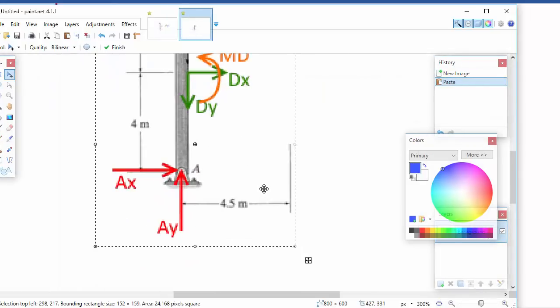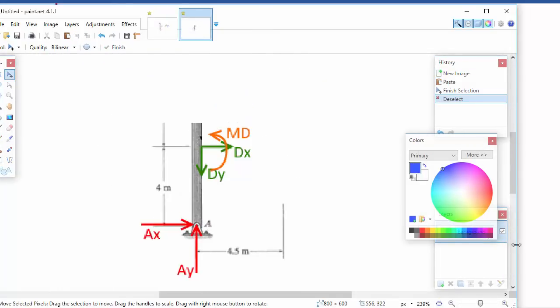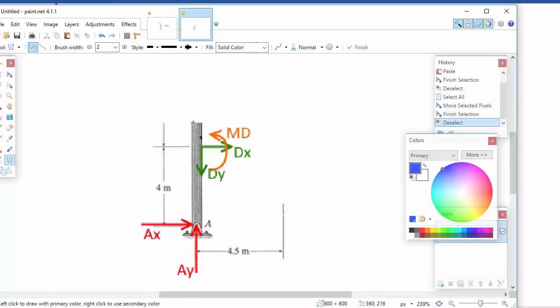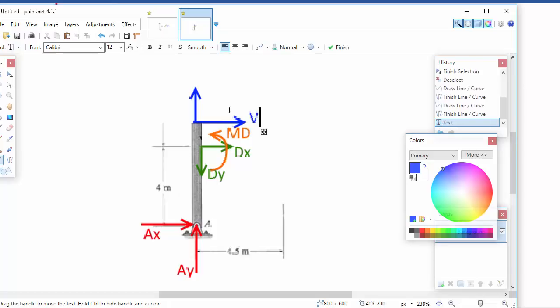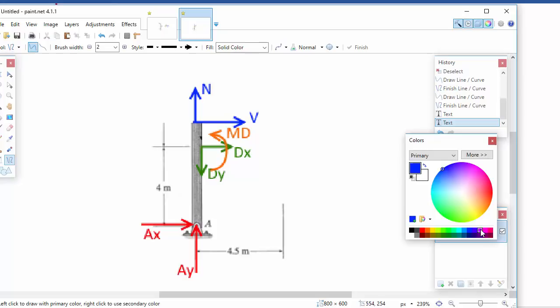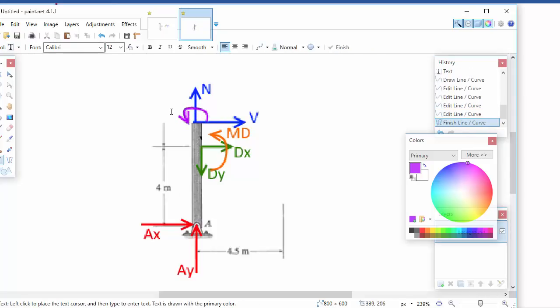And grab a new sheet here. And what we can do is label out the shear force and bending moment on this part. So let's go one arrow, 2 arrows, and we can label those. So that would be the shear force and the normal, and then we'll also have the bending moment, around the top, something like that.